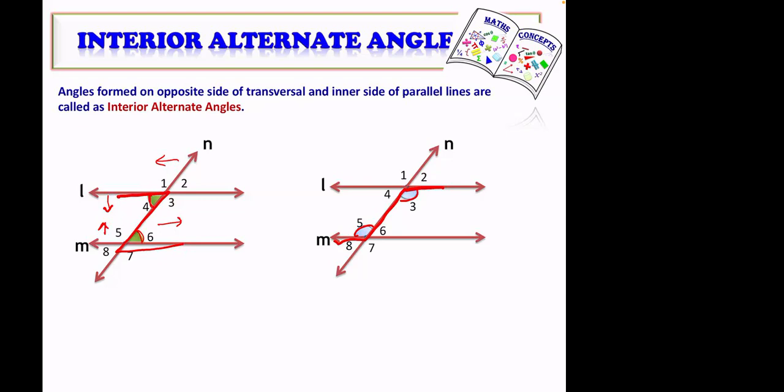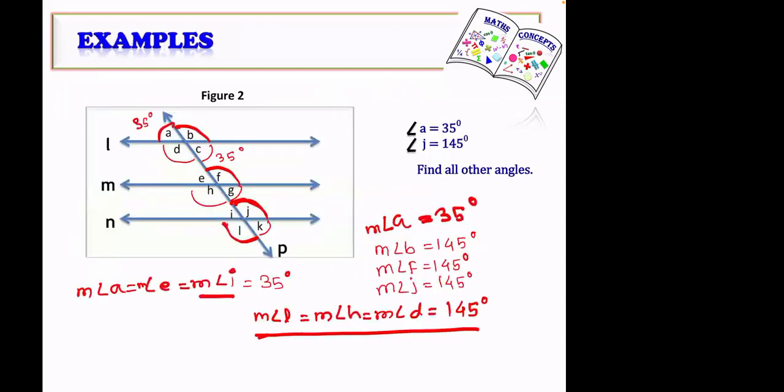Also, again, remember vertically opposite angles are equal, corresponding angles are equal, and alternate angles are also equal. Okay. So here angle 4 and angle 6 are equal. In the last figure, if you see, we had found this A was 35, C was 35.